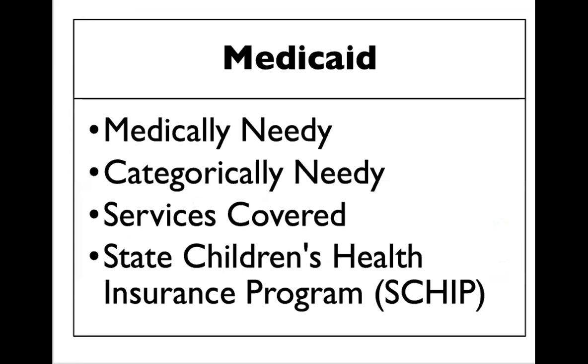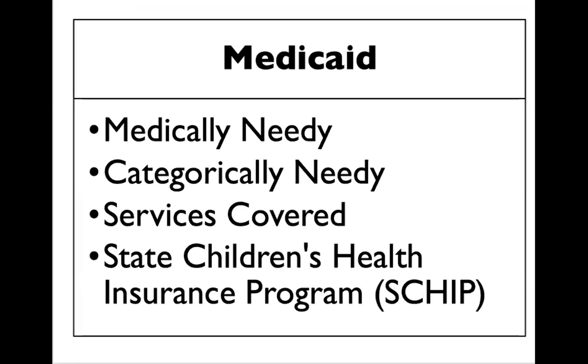Then we have Medicaid. Medicaid patients are individuals that have a medical need, or they are what are known as categorically needy. And categorically means that they fall into certain categories. So it could be someone who is pregnant and their family income is below the federal poverty line.